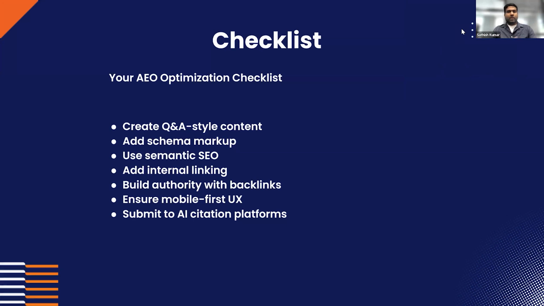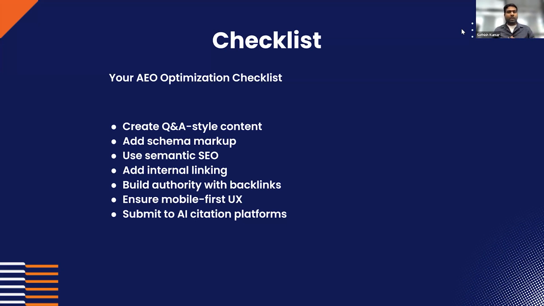So this is again what we do as an audit or optimization checklist for AEO. Try to create more Q&A based style content across these product pages, FAQ pages, and blog pages, and add semantic markup and the schemas on your pages.